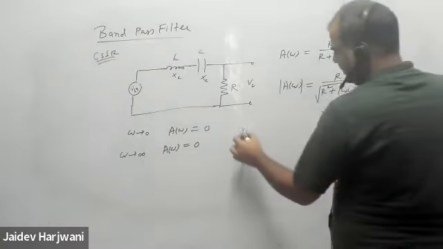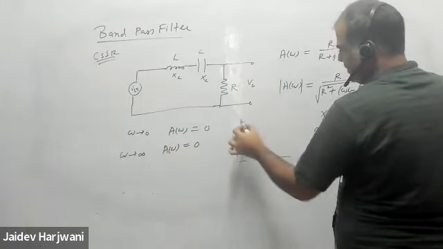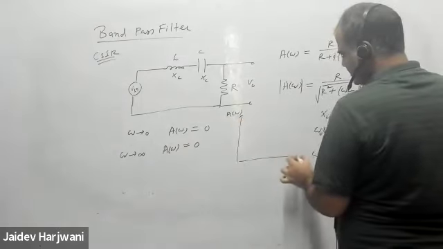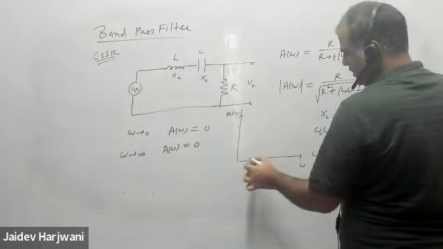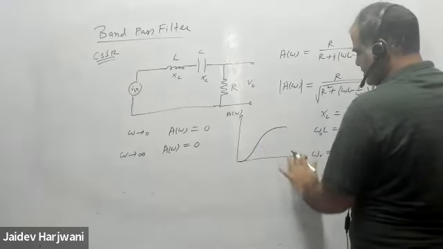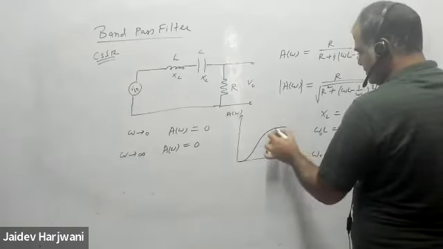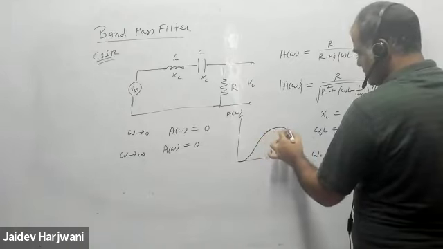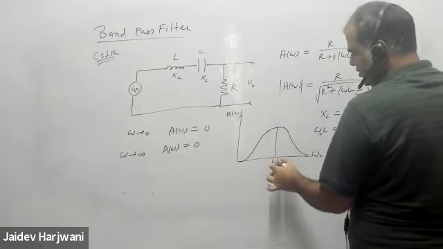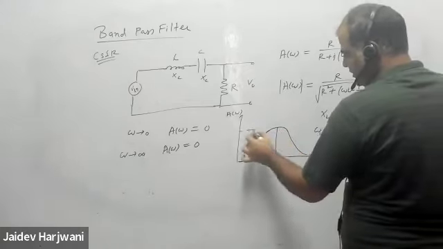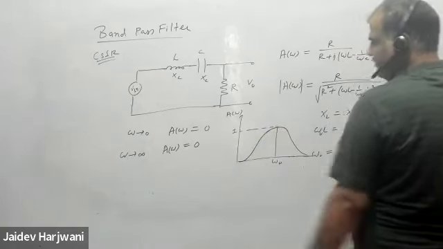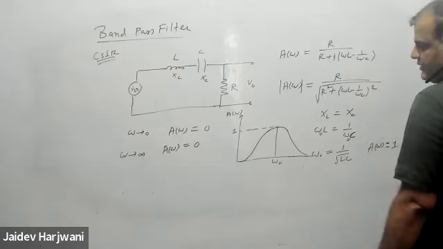So if you plot the graph A omega versus frequency, okay, this graph will approach like this. At some frequency omega naught equal to 1 by root LC, the gain will be 1, and before that the gain will be like this.